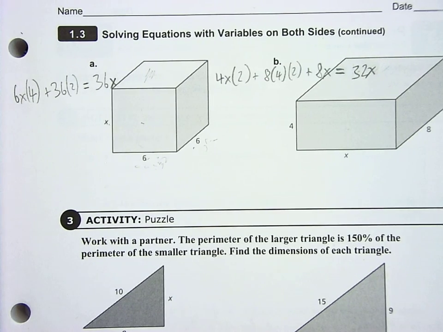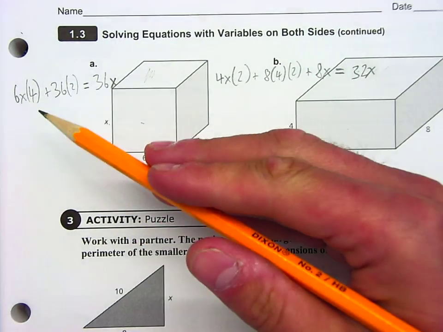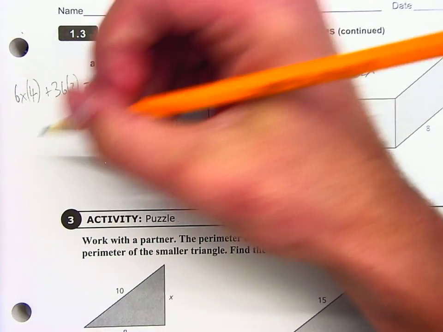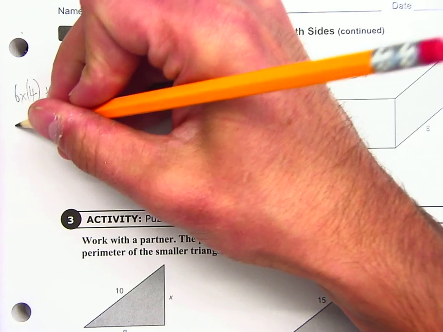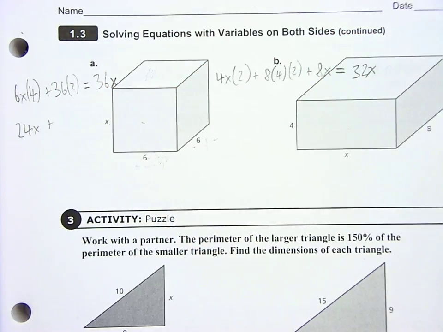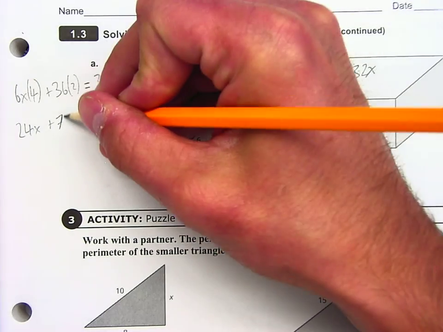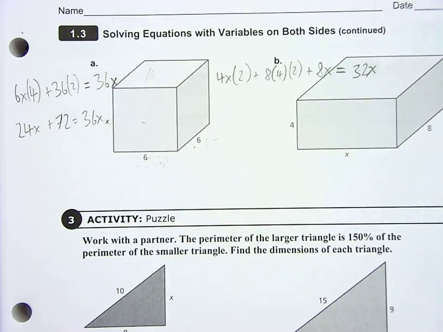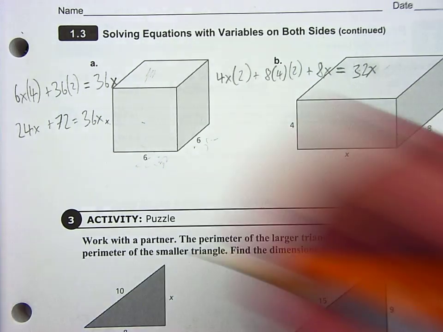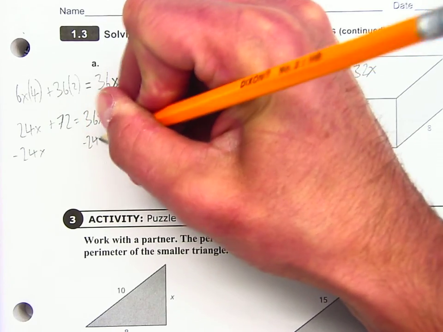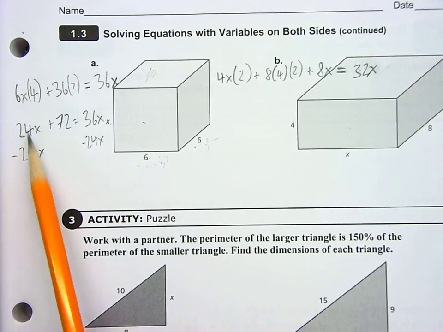Now I can go from here, I'm going to do the multiplication and change this to, let's see, 6, 12, 18, 24. This is 24x plus 36 times 2 would be 72 is equal to 36x. And if I'm going a step further, I can actually go ahead and solve for the variable by subtracting 24x from both sides.